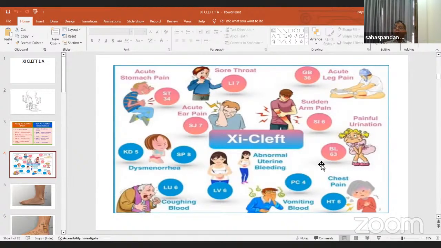Clinical application of accumulation point, Xi-Cleft point, is briefly as follows. Lung 6 is an important point for acute asthma and coughing of blood. Large intestine 7 for acute or painful syndrome of the large intestine channel.